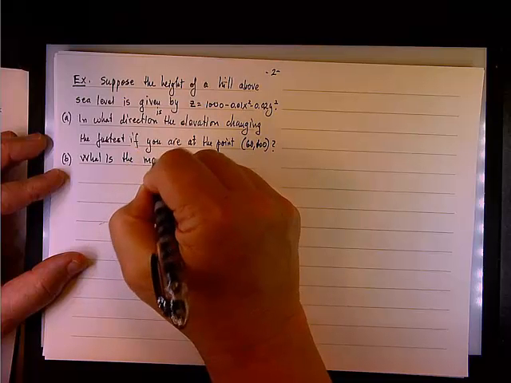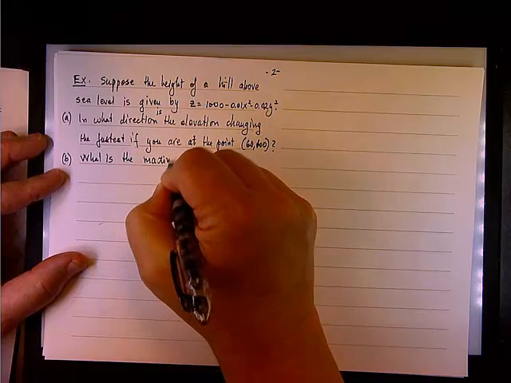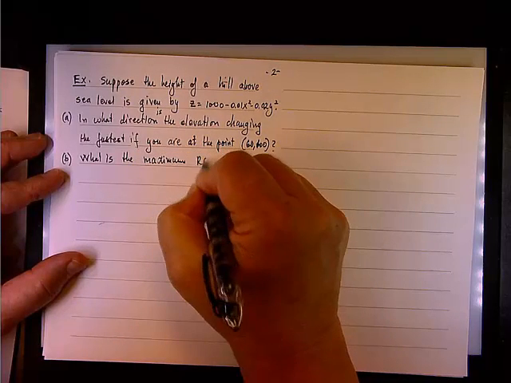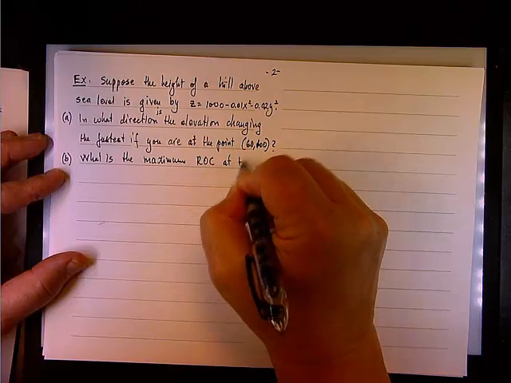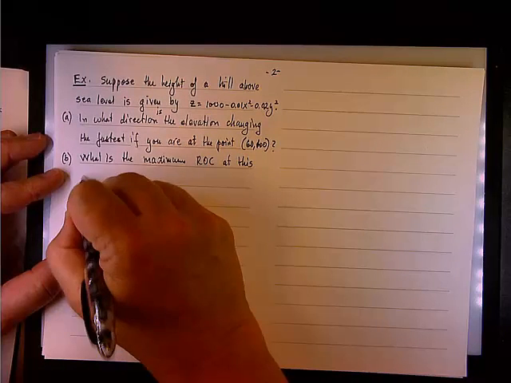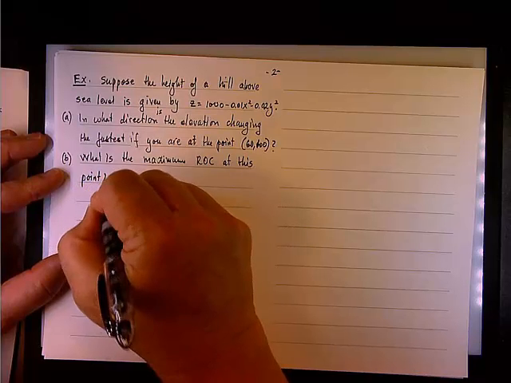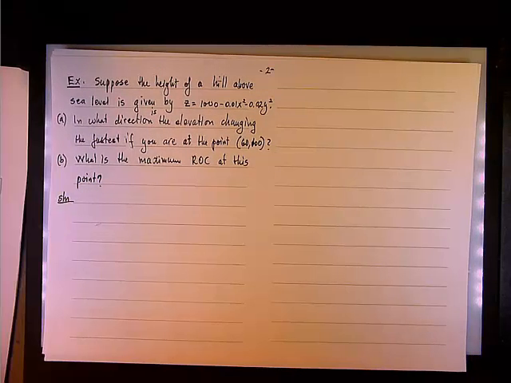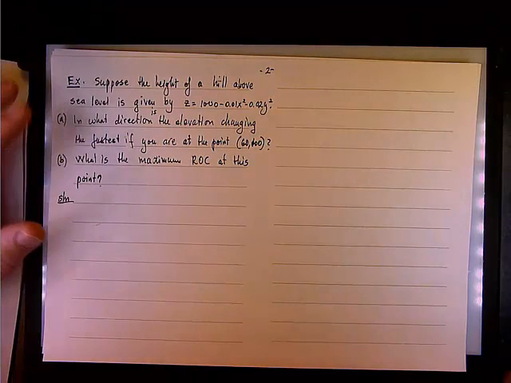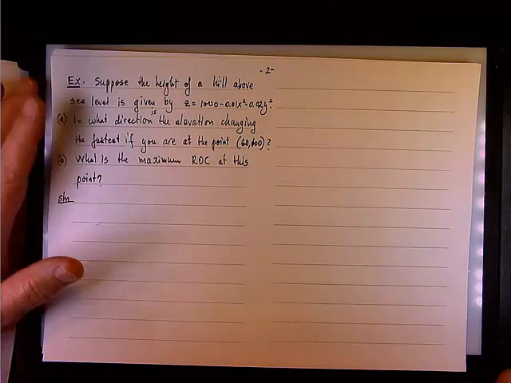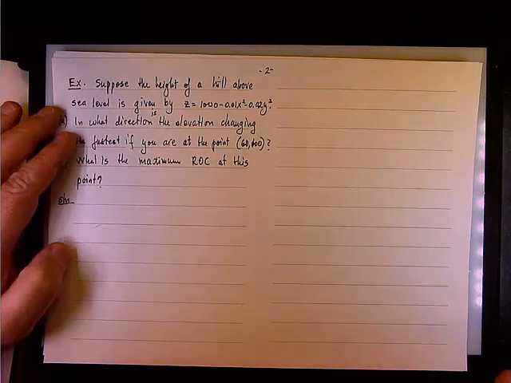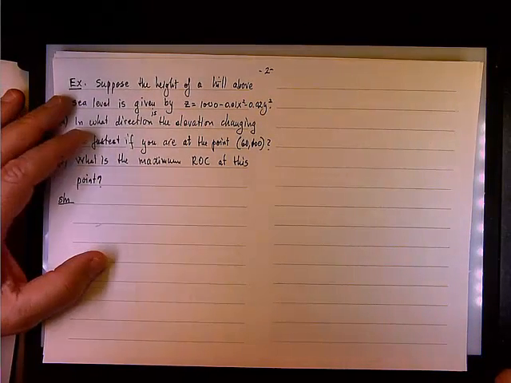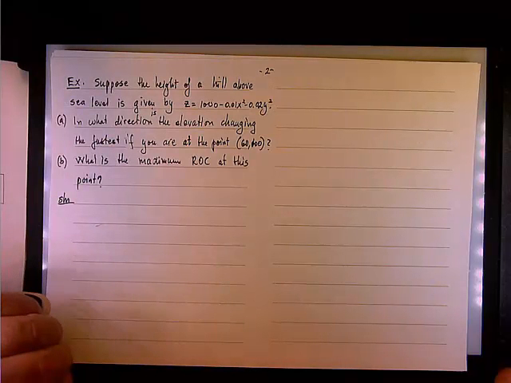And the second part, so this will be A, and B is what is the maximum rate of change at this point. The solution is not too complicated. The theorem tells you that the fastest rate of change will be in the direction parallel to the gradient. So we need to find the gradient first.